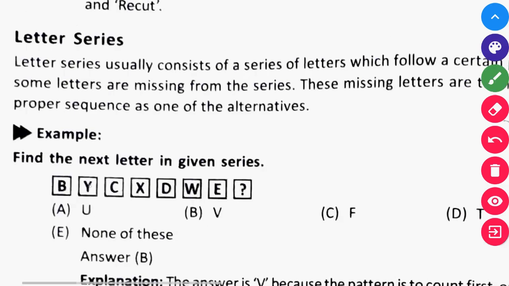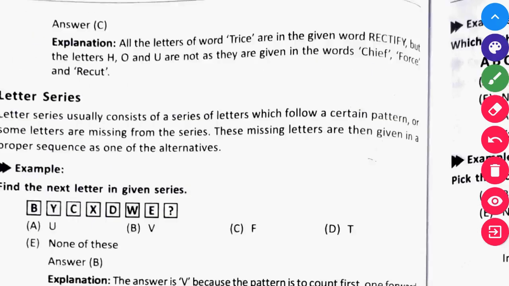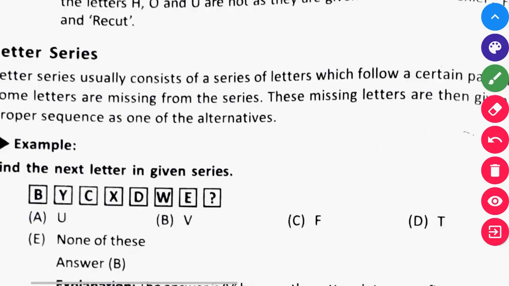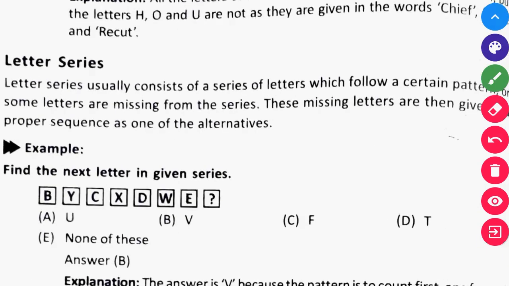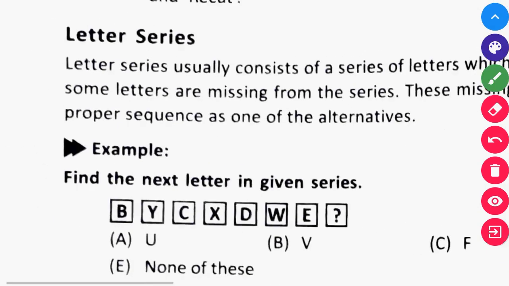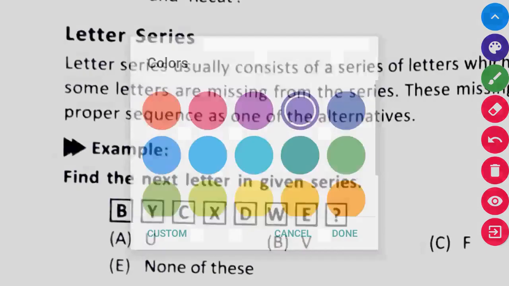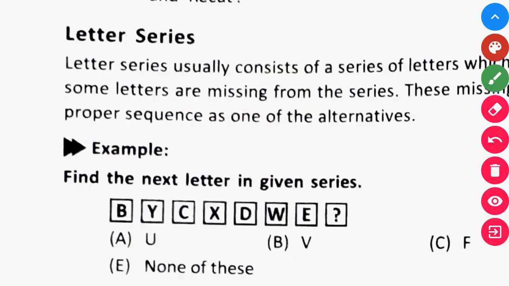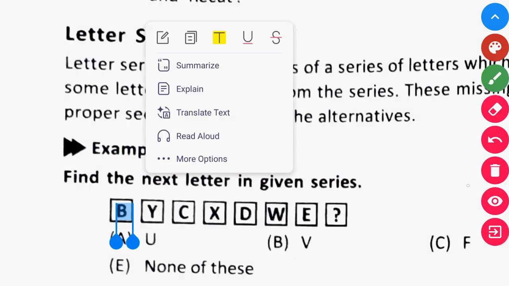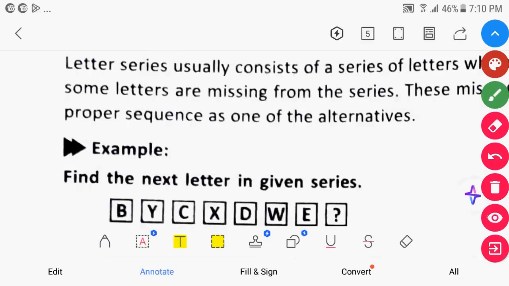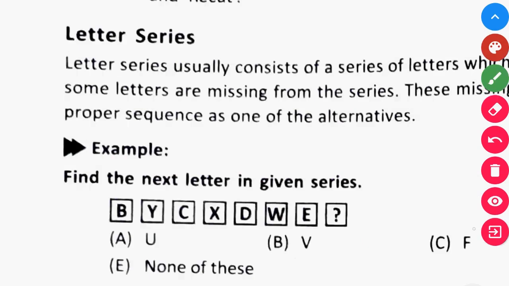Okay, now the next pattern is based on letter series. So letters are arranged in some pattern, and you have to identify the missing letter from the given series. Now we'll see the first example. B, B, Y, C, X, D, W, E. If you look at the letters carefully, B, C, D, E are there in sequence.